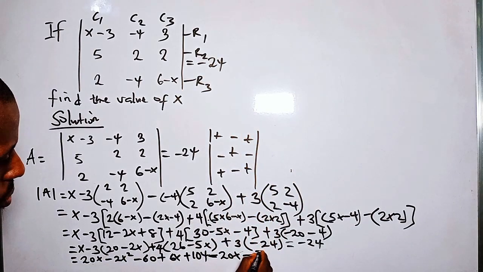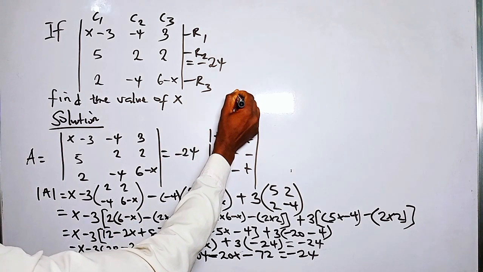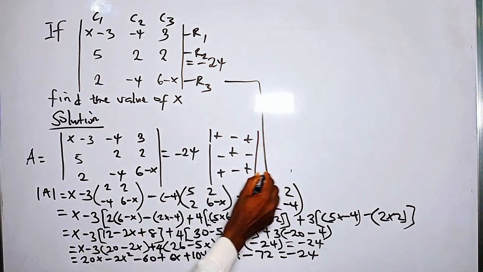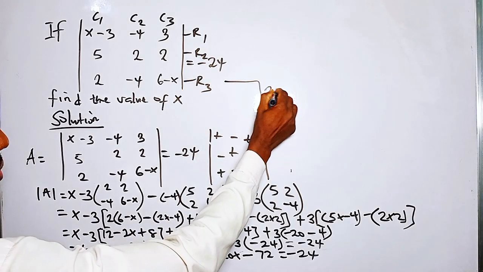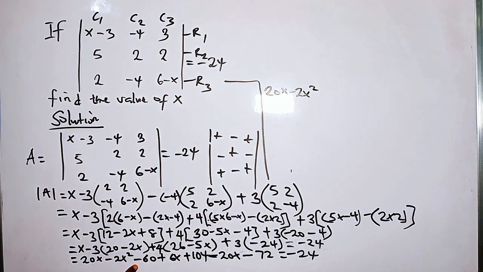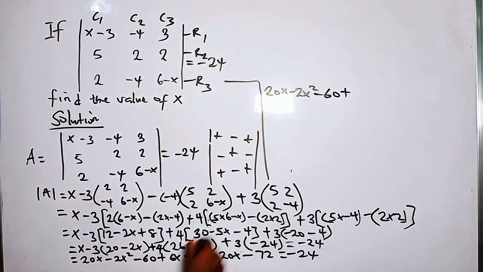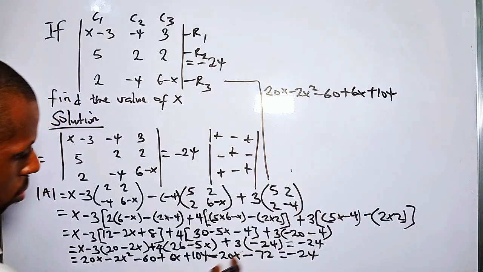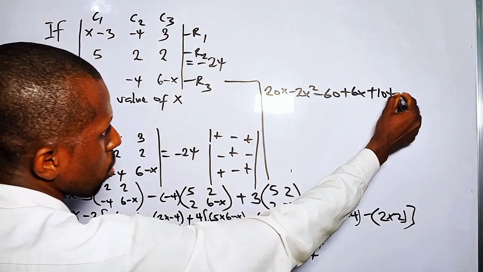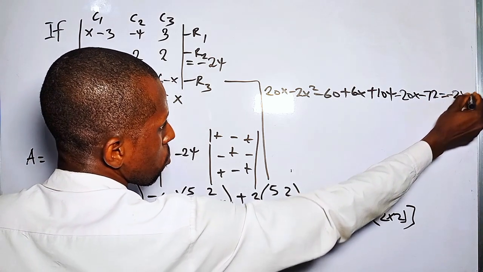So we have 20x minus 2x squared minus 60 plus 6x plus 104 minus 20x minus 72 equals minus 24.